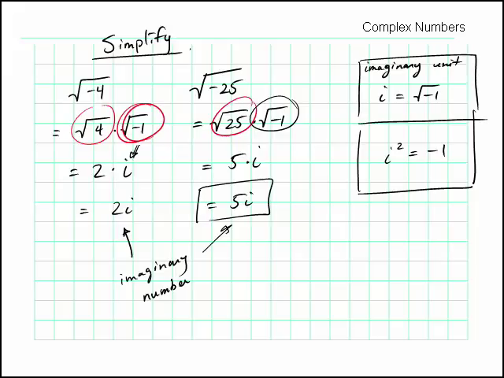Now in general, what I can do is this. If I have the square root of -b, let's assume b is positive to start with, I can split it up into two radicals. I'm going to write that as the square root of b times the square root of -1.